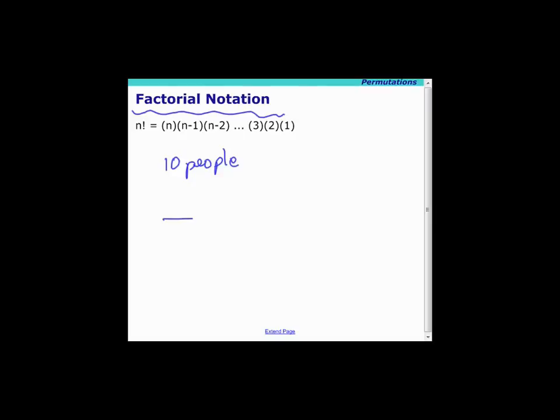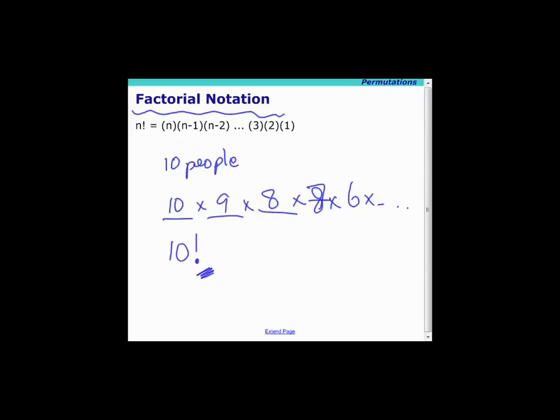Well, the first person, there could be 10. The second person, since I've already used a person, I could have 9. And you can see how that's going to go down the road. Whoops, that would be a 7 times 6 times, etc. Well, rather than writing all of those out, what we do is we say, well, that's 10 factorial.